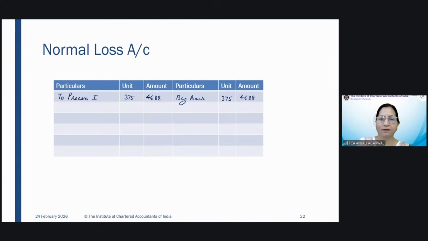Done? This account is also complete as far as process 1 is concerned. The normal loss account for process 1 is complete. I have prepared it separately. Units are matching, amount is matching, right?